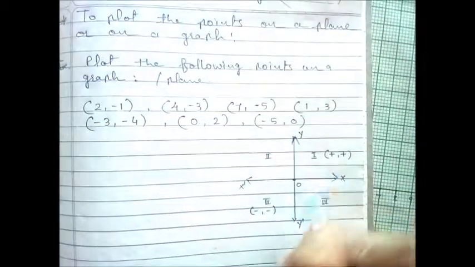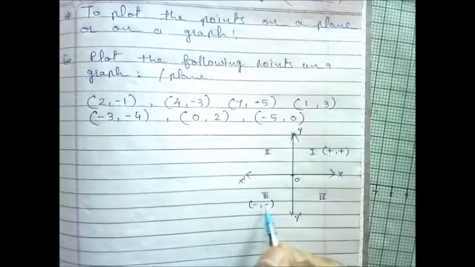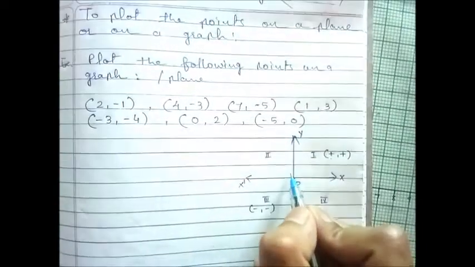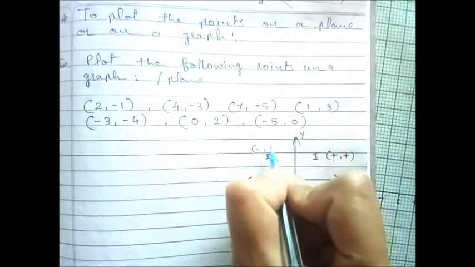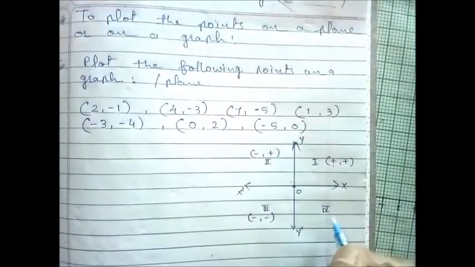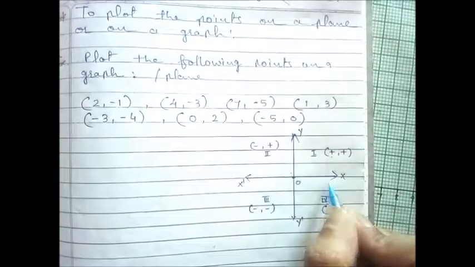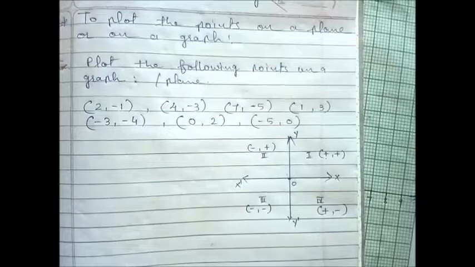Remember this is opposite, so it will be easy for you: in the first both are positive, in the third both are negative. Now in the second, x is negative and y is positive, right? And opposite of this will be here, that is x will be positive and y will be negative, right?